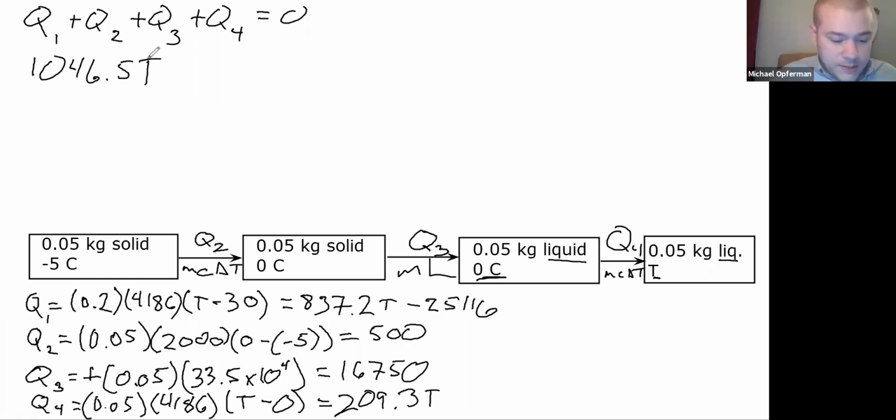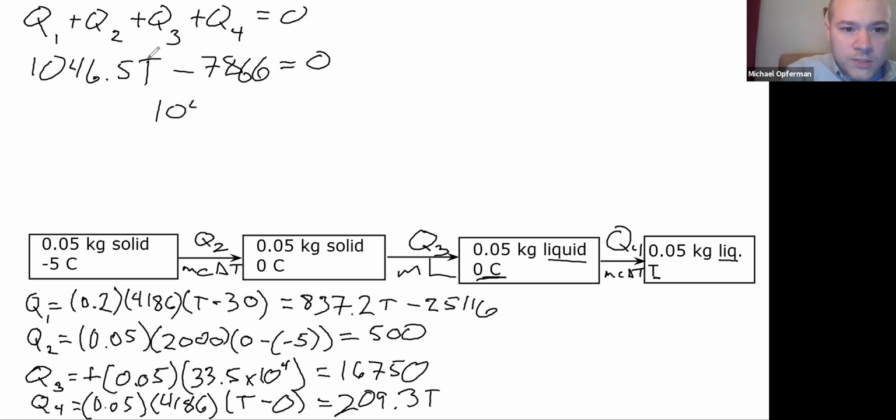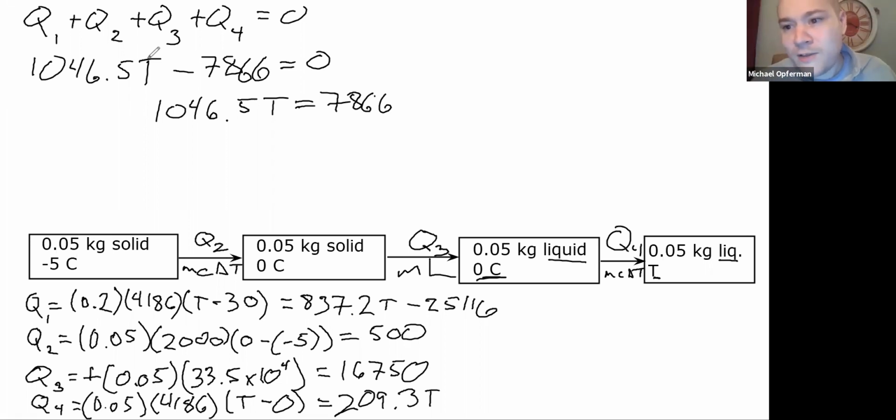And if I combine all the constants together, negative 25116 plus 500 plus 16750 gives me negative 7866. And notice that the signs did work out, so that's a good sign, no pun intended, that I haven't made an algebra mistake, because I definitely don't have a negative sign mistake. At least I'm not going to get a negative temperature, which wouldn't be good, because a negative temperature would mean you can't have liquid water at a negative temperature.